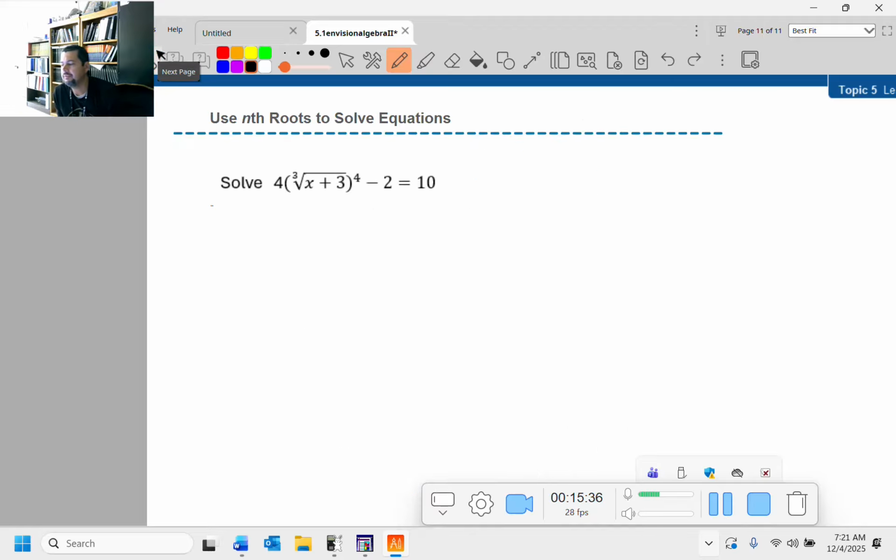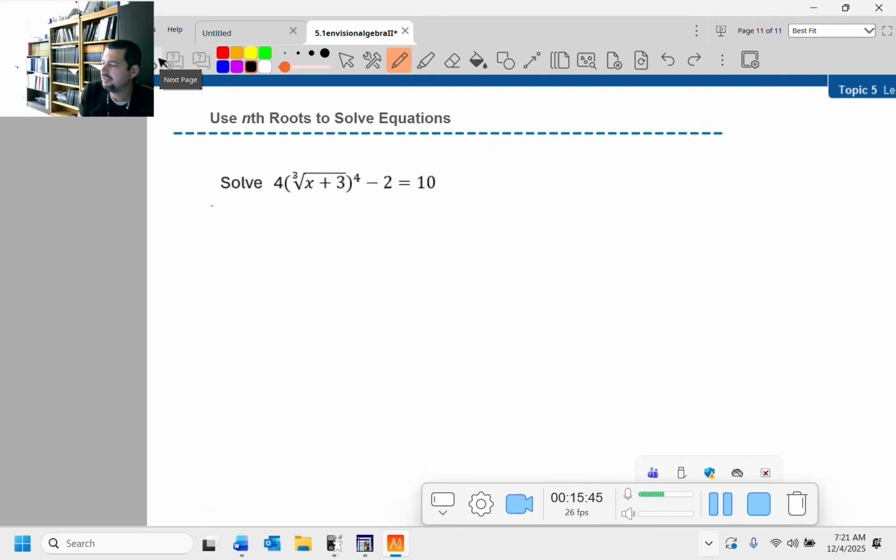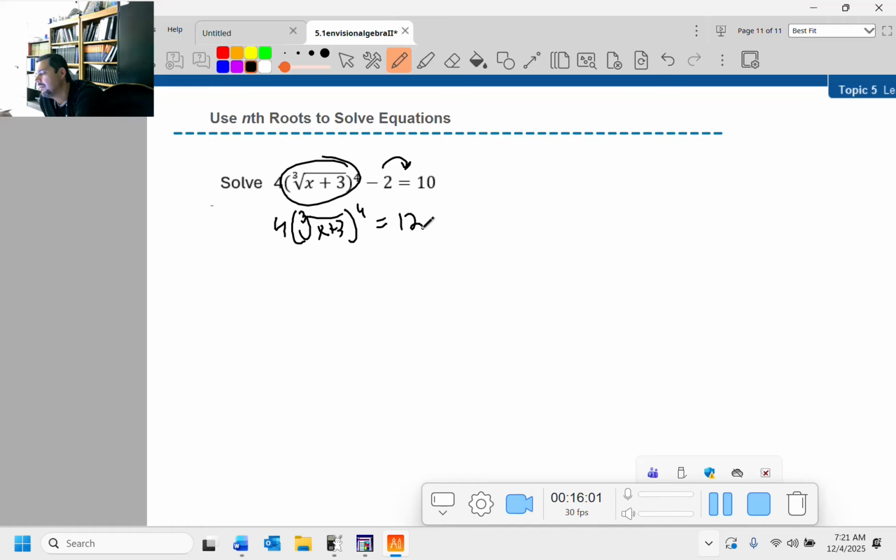All right, last one. Solve 4 times the cubic root of (x plus 3) to the fourth, minus 2, equals 10. That's pretty close to the last problem, isn't it? We are going to add 2, and we'll just leave it in radical notation. Doesn't hurt to see it both ways.